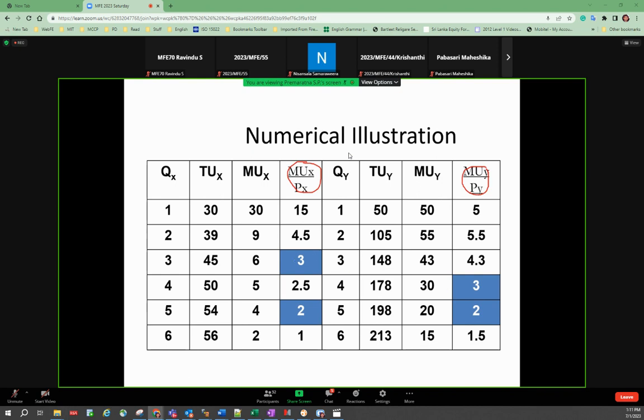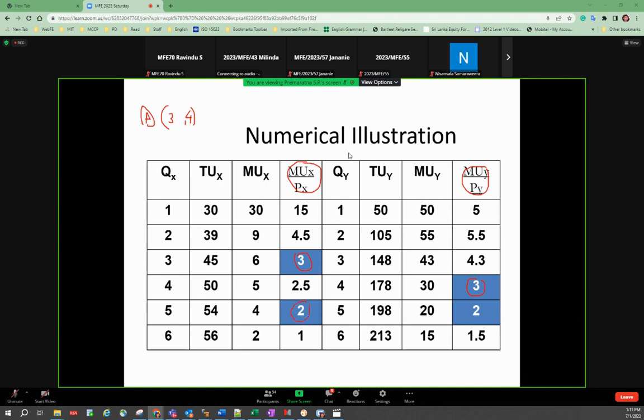Here you can see the equality, which means one basket, let's say basket A, satisfies the first order or necessary condition: you buy 3 units of X and some units of Y. When you buy that basket, that condition is satisfied.